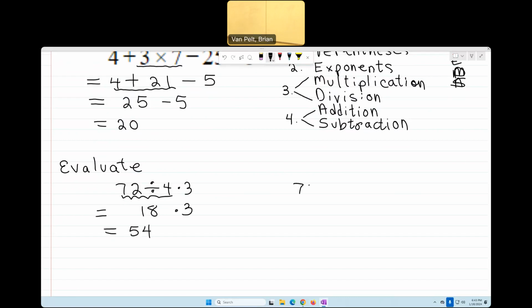If you take the same problem and do it this way, 4 times 3. Say I have it this way now. What I have to do is the multiplication first. Understand me?